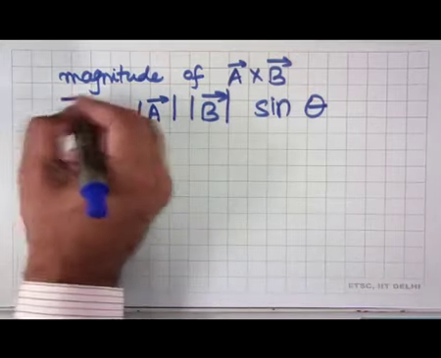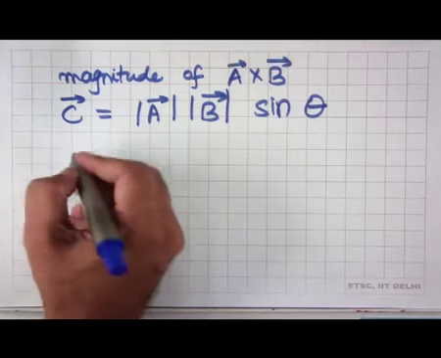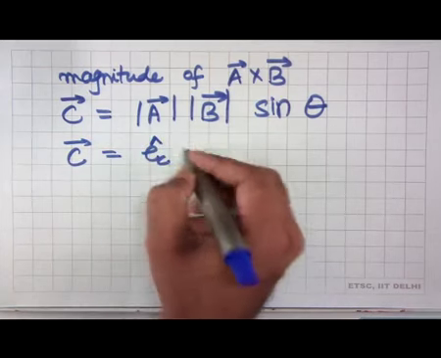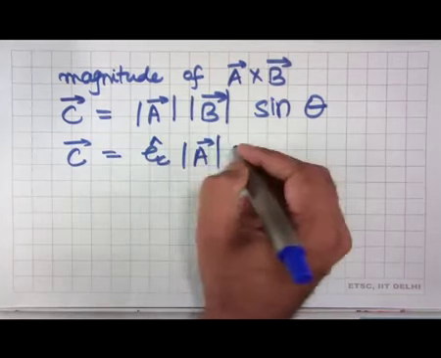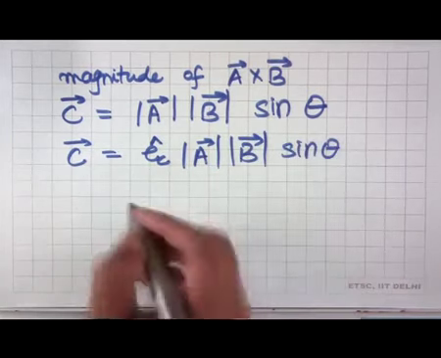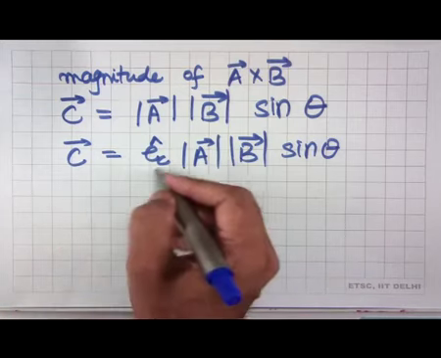Let me call this vector C. So, the vector C can be written as a unit vector along C times the magnitude of A times the magnitude of B times sine theta. We still have to explain the direction of C, which will give us EC.